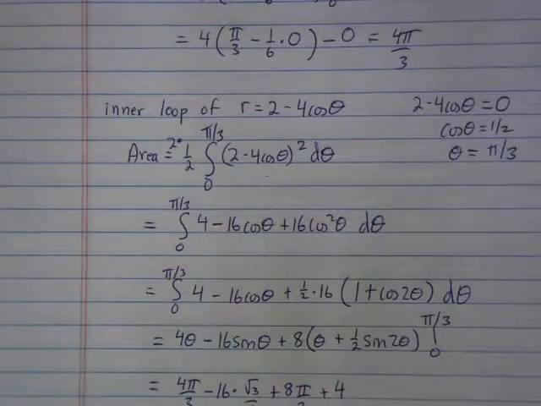Not 3, 2, because 2 pi over 3 is a little bit smaller than 3 pi over 3, and 3 pi over 3 would be back to the axis. So 2 pi over 3 is in quadrant 2. Sine is positive in quadrant 2. The reference angle for 2 pi over 3 is pi over 3, so it's square root of 3 over 2 again.